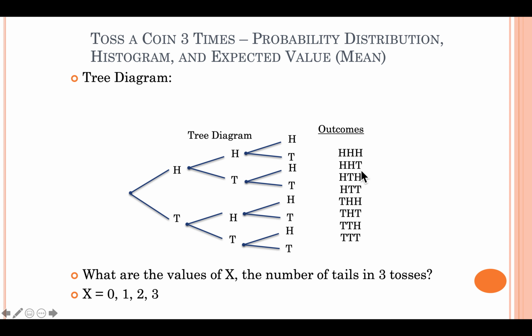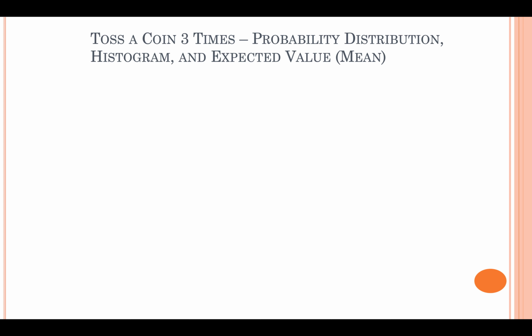We've got 1, 2, 3 of the 8 outcomes have 1 tail, and therefore the probability of getting 1 tail would be 3 out of 8. We would continue counting like this for 2 tails and 3 tails.